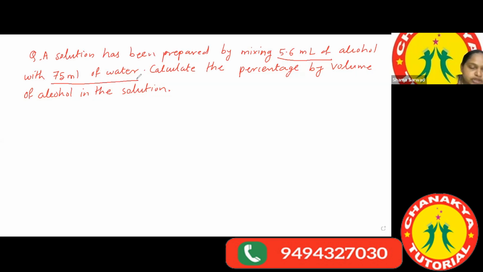Put the values and calculate. Don't forget to take the volume of solution. Don't ever take the volume of solvent, or the answer would be wrong. Understood? Write down given terms.